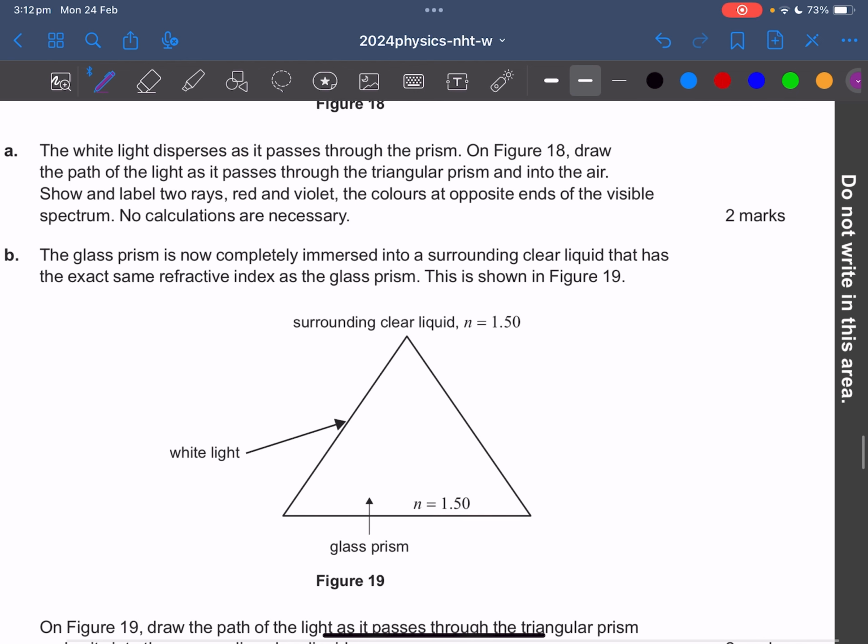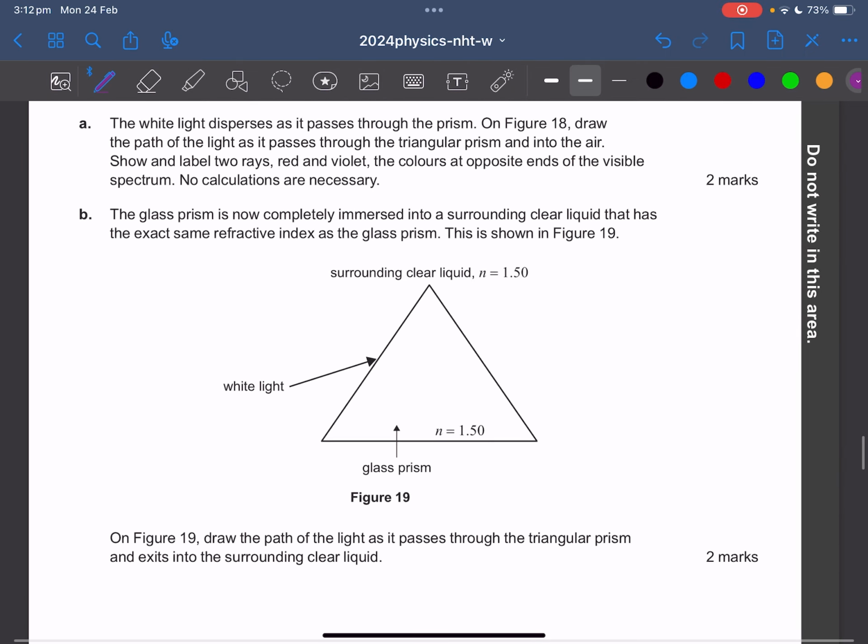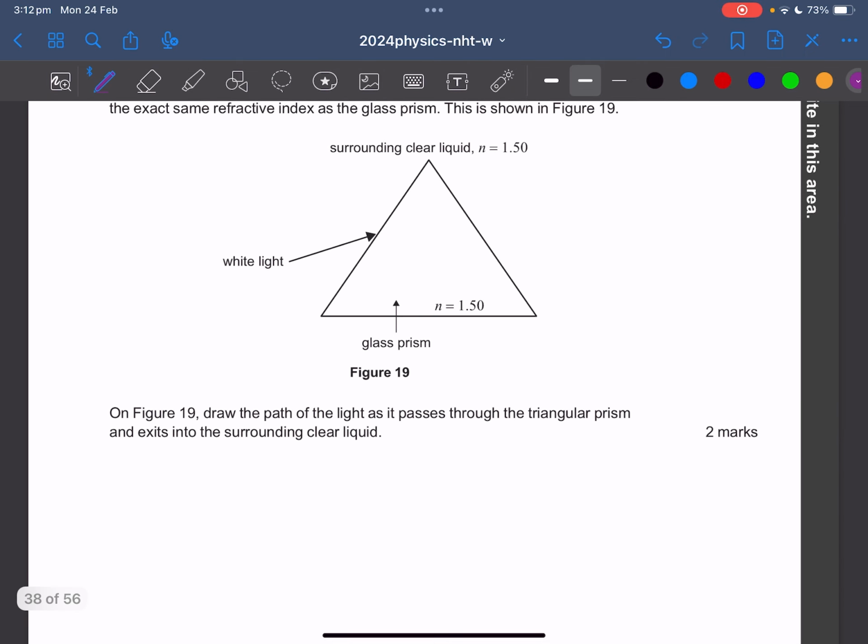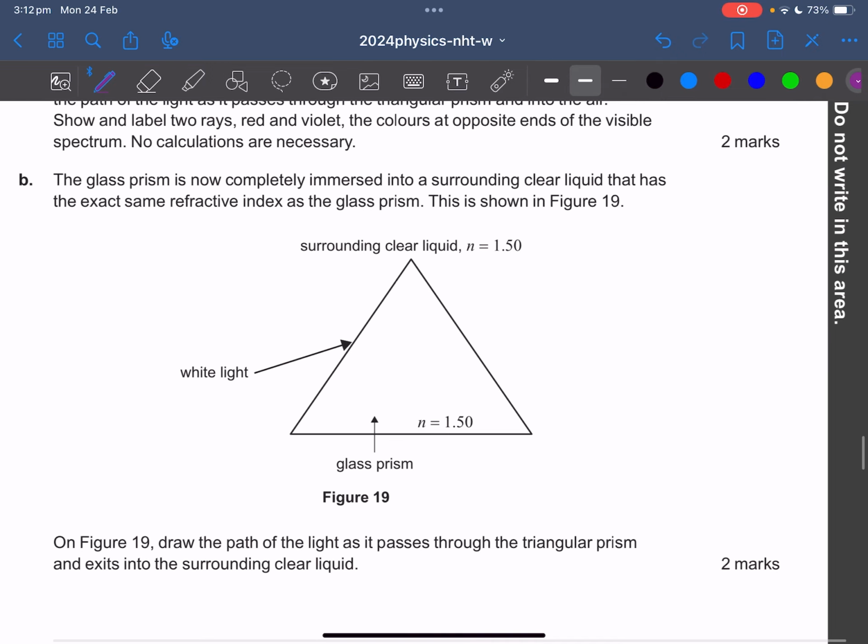The glass prism is now completely immersed in a surrounding clear liquid that has the exact same refractive index as the glass prism. This is shown in figure 19. On figure 19, draw the path of light as it passes through the triangular prism and exits into the surrounding clear liquid. Well, if the refractive index is the same everywhere, then it would just be one straight line.